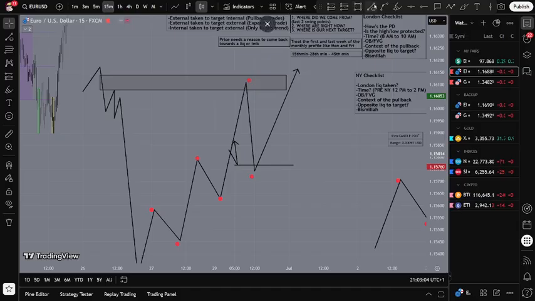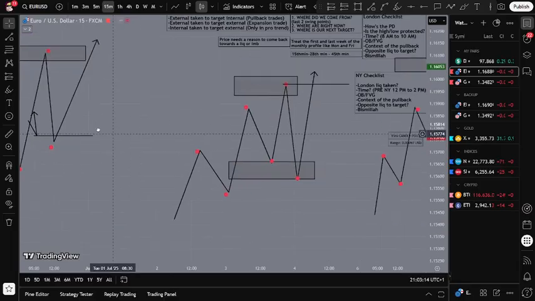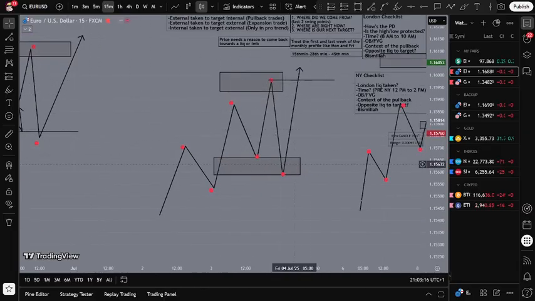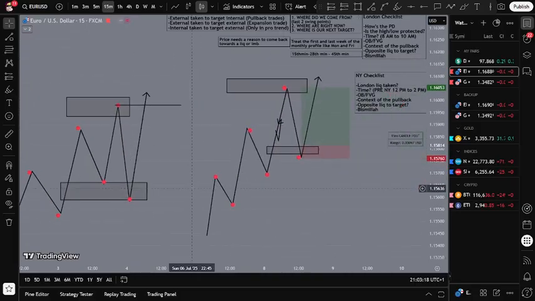So the reason is, again, like it says here, liquidity and imbalance. It has to take some sort of liquidity and imbalance before it can take the opposite liquidity. And so goes with these ones, with any market.